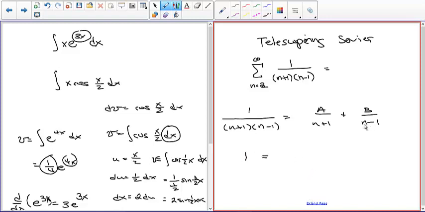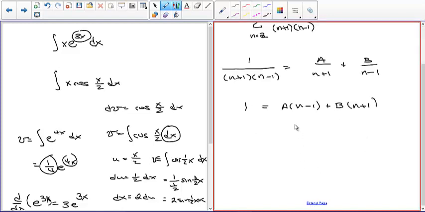Remember, when we have two linear terms, relative to infinite series, you'll get a times n minus 1 plus b times n plus 1, and that's equal to 1. So this times that plus that times that. This is the case where we let n equal 1 and we let n equal -1 to make these two terms drop out.